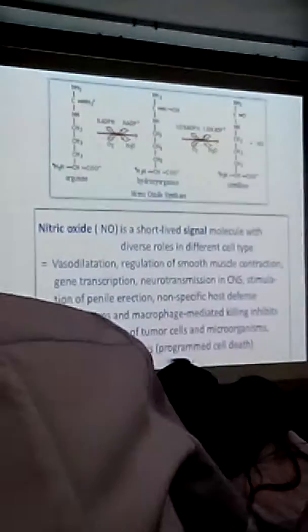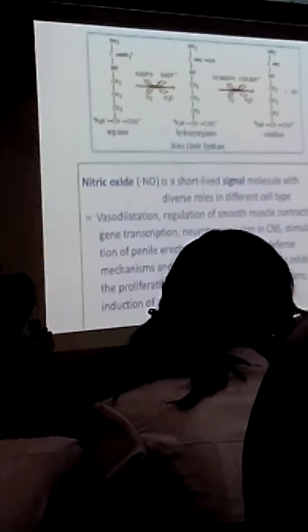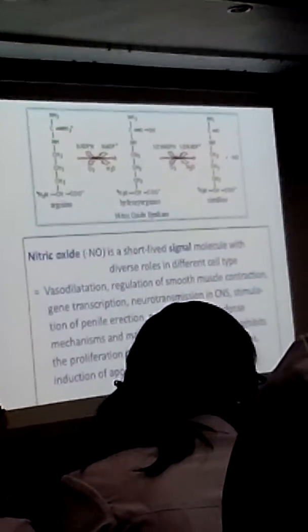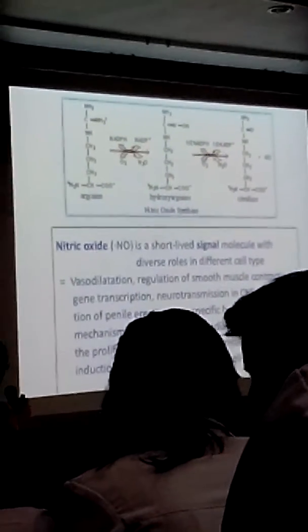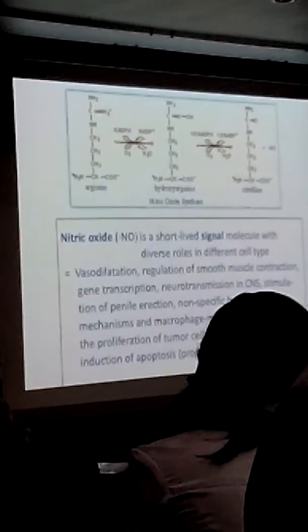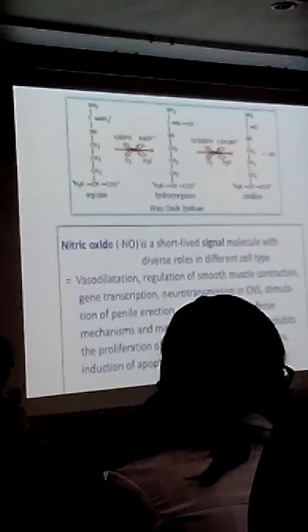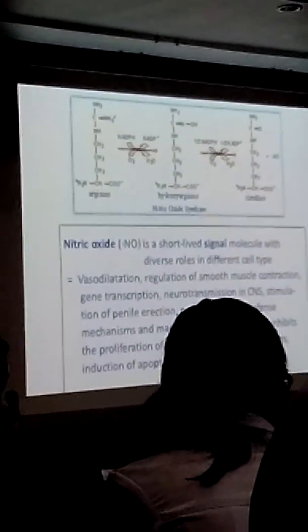Vasodilatation, regulation of smooth muscle contraction, gene transcription. Neurotransmission in the CNS, regulation of penile erection, non-specific host defense mechanism, the macrophage killing, inhibit the proliferation of tumor cells and microorganisms, induce apoptosis. Okay?